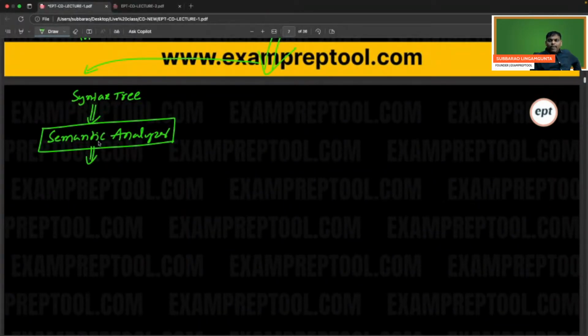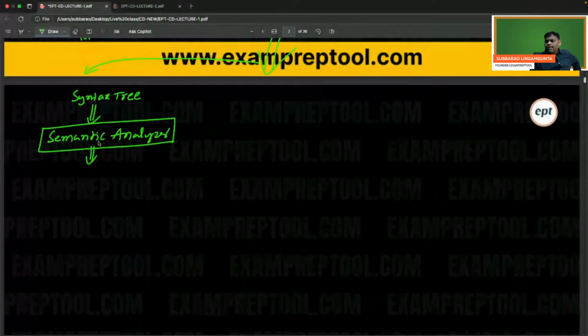Syntax analyzer completed, we have the syntax tree. That is the input to the semantic analyzer.